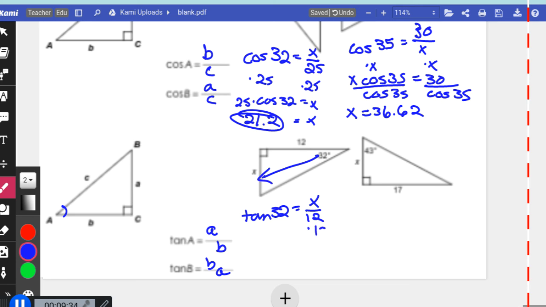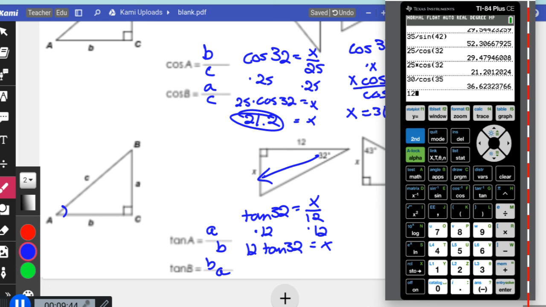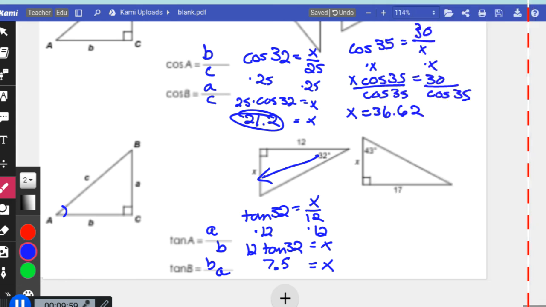Multiply both sides by 12: 12 times the tangent of 32, just some decimal, equals x. So x equals 7.49, but that rounds up, so 7.5.